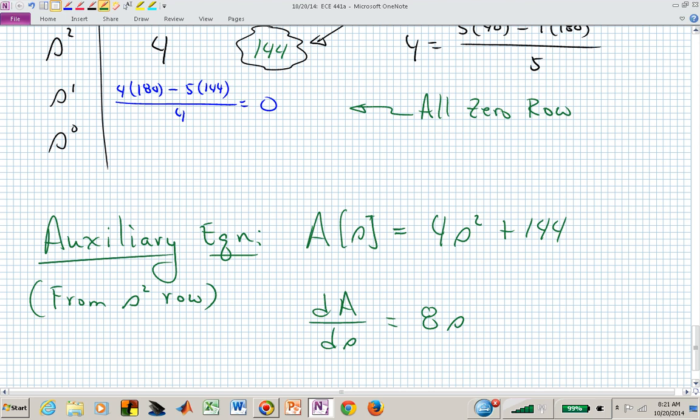We now have 8S. That's now going to be used to populate our all-zero row. What's the S1 row become now? We take that 8, and that now replaces the only entry in that all-zero row. If there was another entry, if this was a higher power auxiliary equation, we could have additional coefficients, and we would use each of those to populate the entries in that row that was all zero.